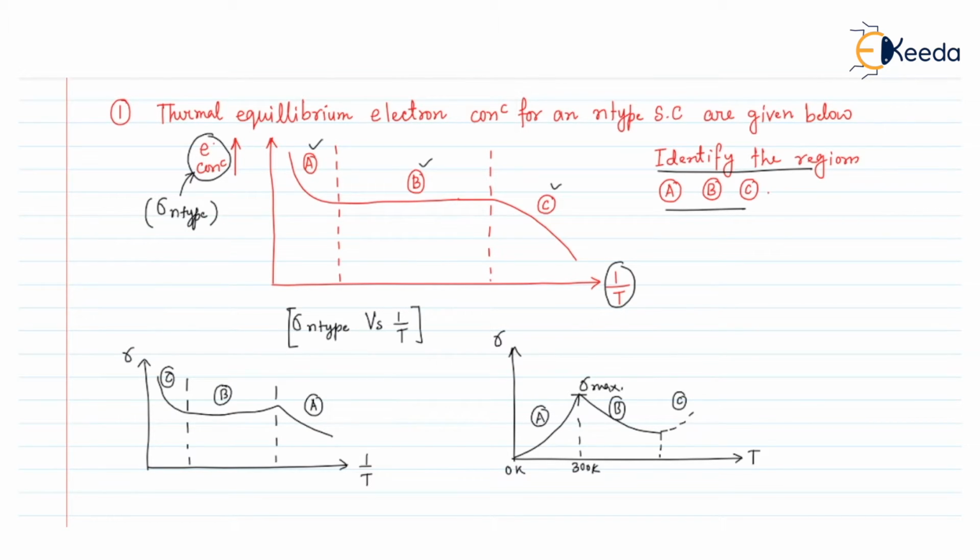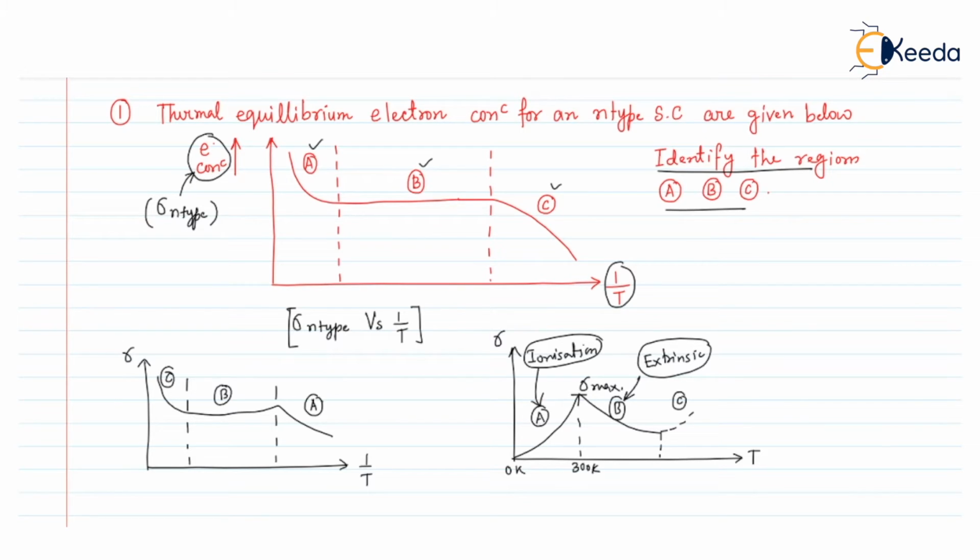The A region is called the ionization region, because the conductivity is being increased due to the ionization phenomena. And conductivity in the B region, it is the extrinsic region, where the conductivity decreases with the temperature.